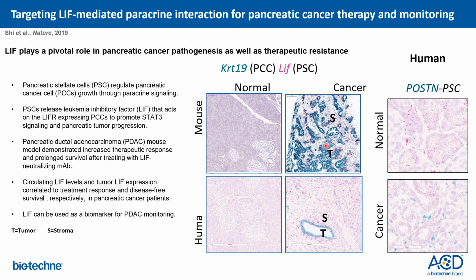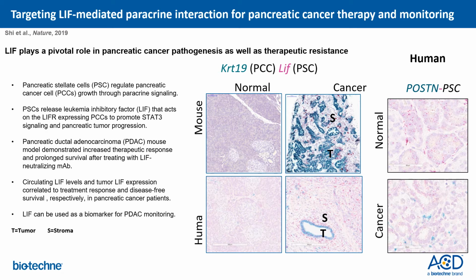Everything that's marked by keratin-19 is obviously your tumor cells, and everything marked in red is your soluble LIF factor. If you look closely, you can appreciate that LIF is predominantly expressed in the stroma of these tumors when you compare the expression of keratin-19 to LIF. So LIF is a soluble factor predominantly expressed in the stromal cells.